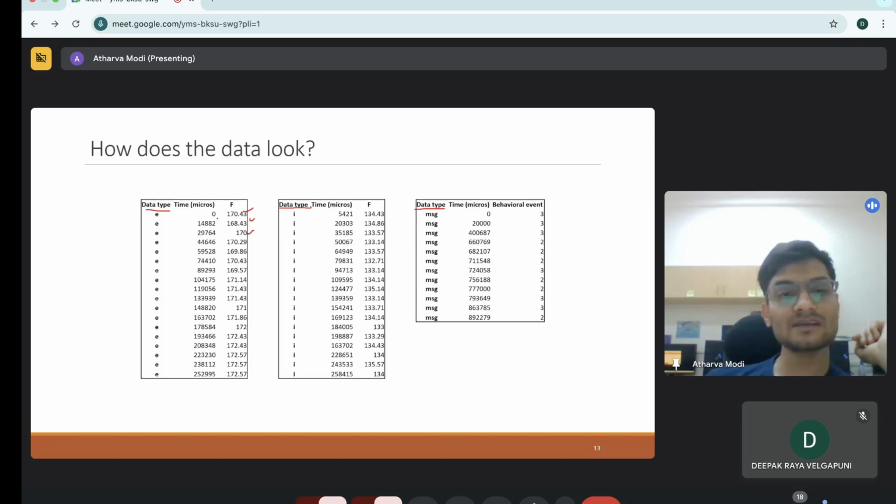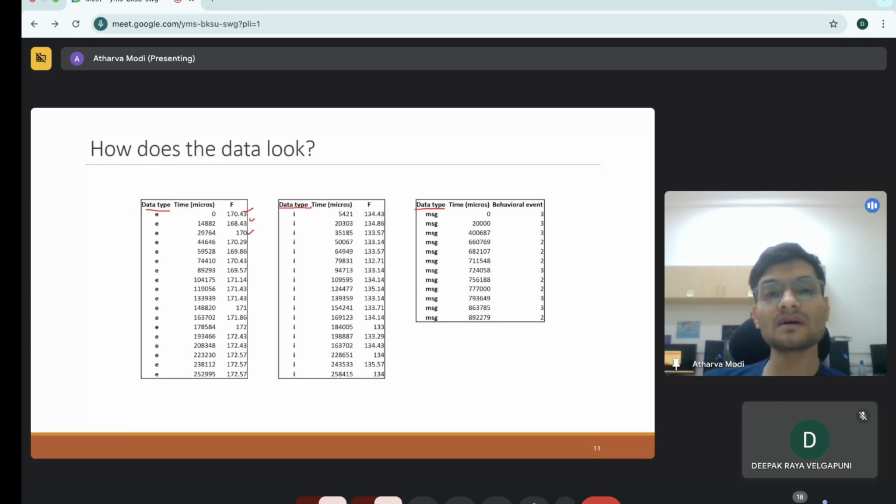Here we are using a strategy where we alternate: at the 0 time point we do excitation, at 5 milliseconds we do isosbestic, at the 14th millisecond excitation, and again after 6 milliseconds isosbestic.